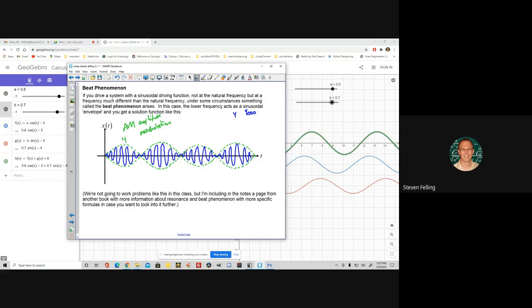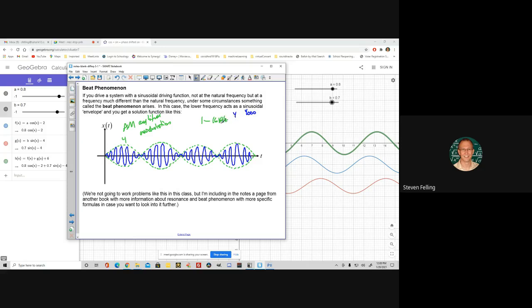The reason we use modulation, by the way, is that antennas are very efficient at transmitting radiation only when the wavelength is a quarter of their physical length. So you can't transmit sound energy, which goes maybe only to 16 kilohertz, because the wavelengths are too long. Antennas would have to be miles long.